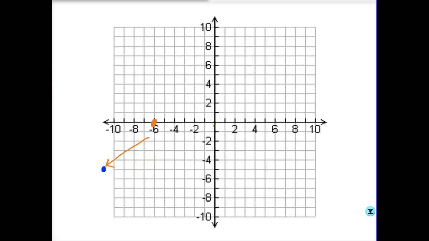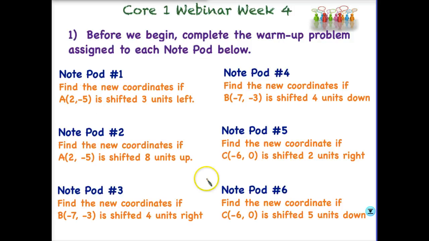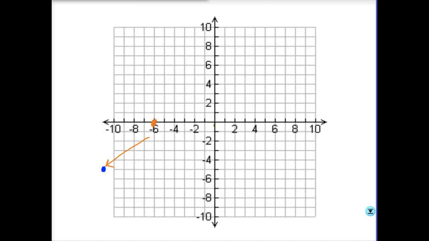Okay, so your original point was at -60, and you wanted to shift down 5 units. So the original point, here I'll make the coordinates here. Your original point was at -60, and your task was to shift down 5 units.